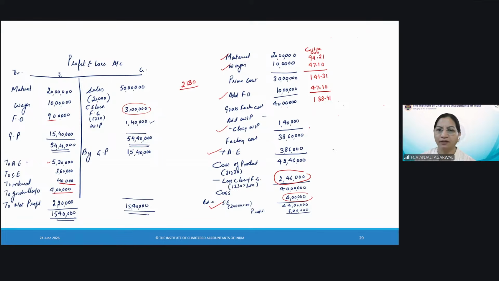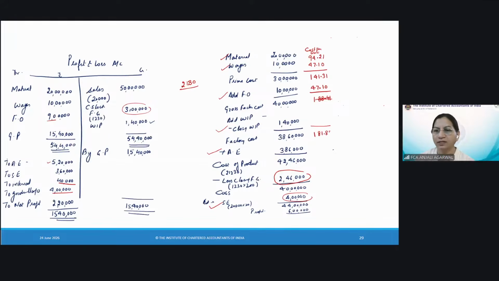from where I'll subtract the closing WIP. So I would rather take 38 lakh 60,000. I'll ignore this and I'll divide 38 lakh 60,000 straight away with 21,230. So it comes out to be 181.81.